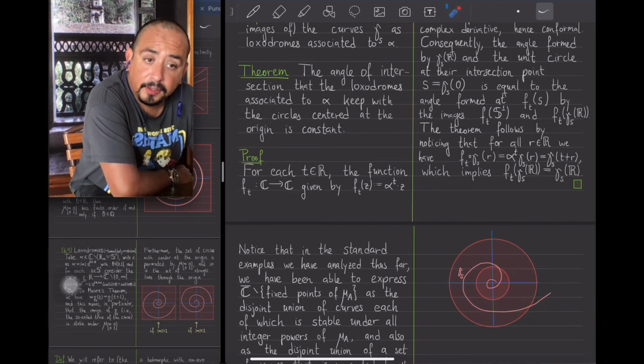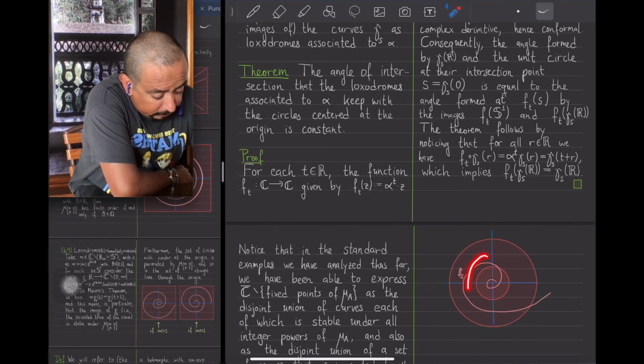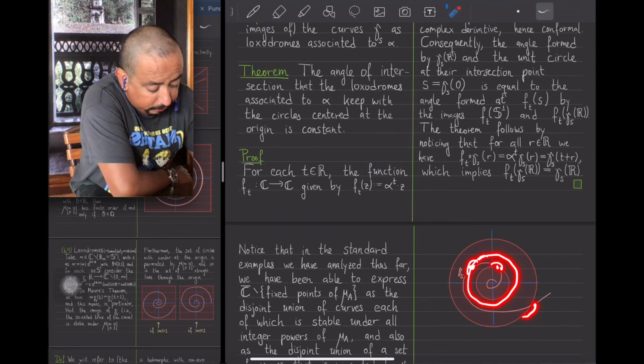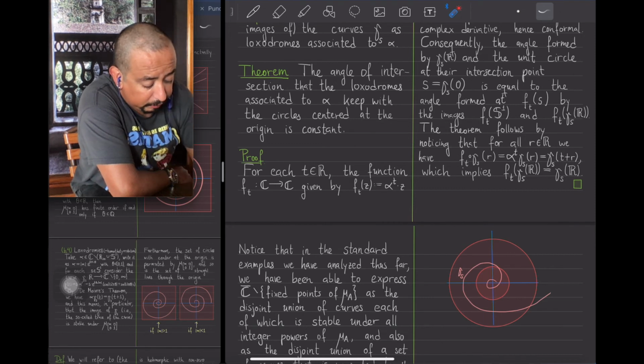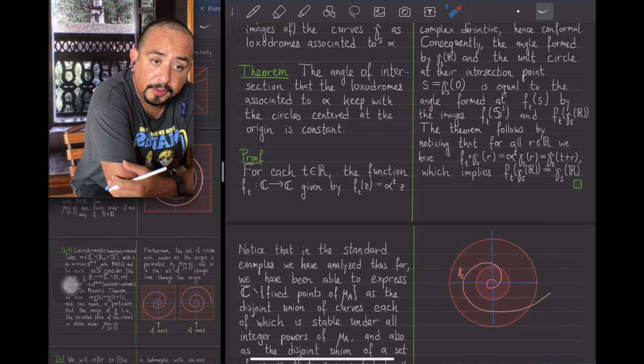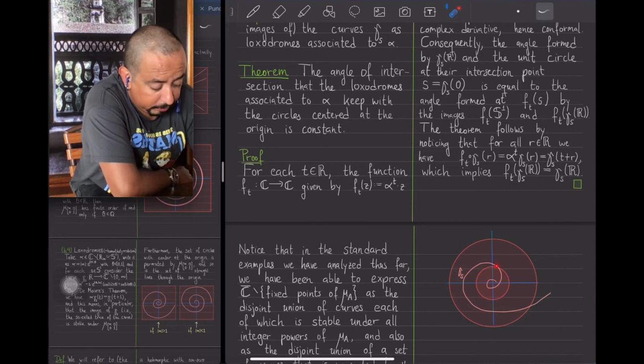That suffices to show everything, because for any given circle, the point of intersection is of the form alpha to the t times this point for some t, and then this angle is equal to this angle, equal to this angle, and so on. So at least between this loxodrome and any circle centered at 0, the angle would be constant.